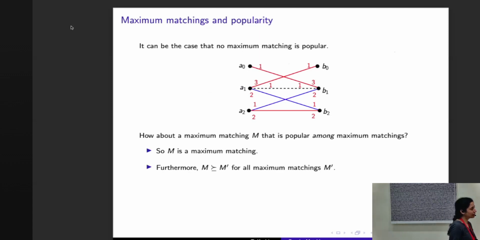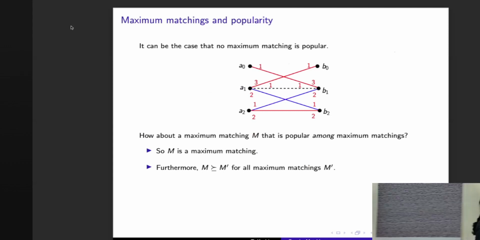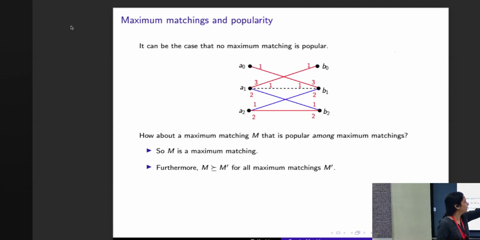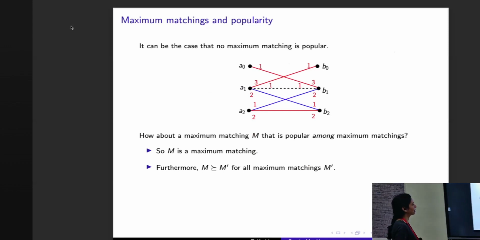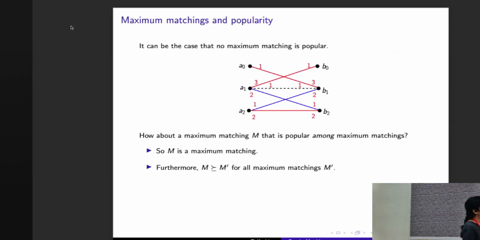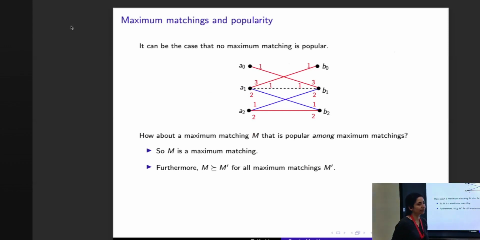But since the set of admissible solutions for us is the set of maximum matchings, maybe we should not compare the red matching against all matchings, in which case it is getting defeated by some matching, but let's compare it only against maximum matchings. So let's ask for a maximum matching that does not lose an election to another maximum matching.